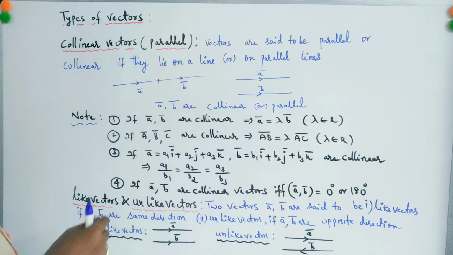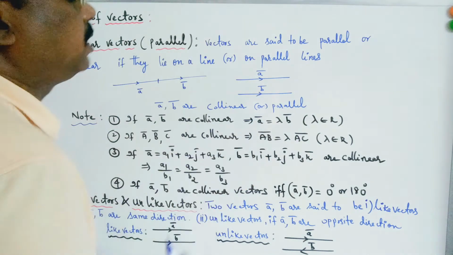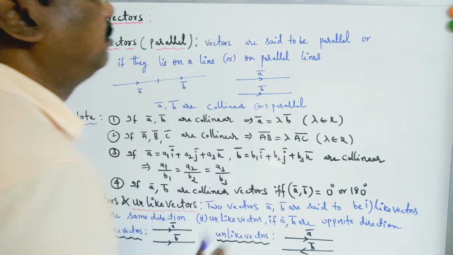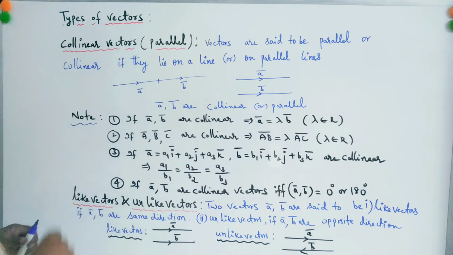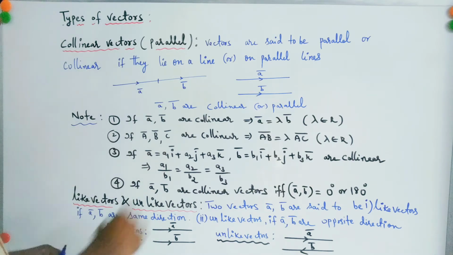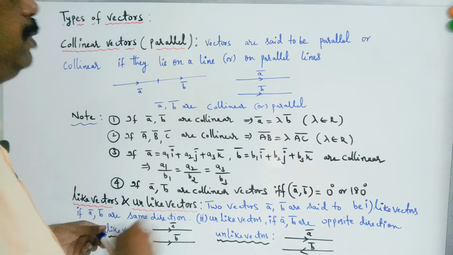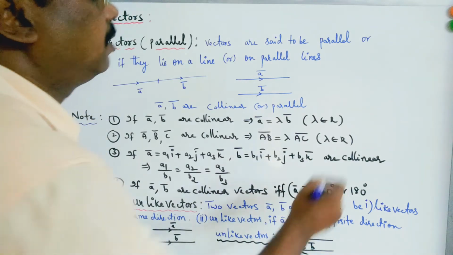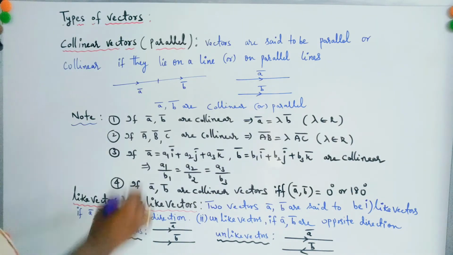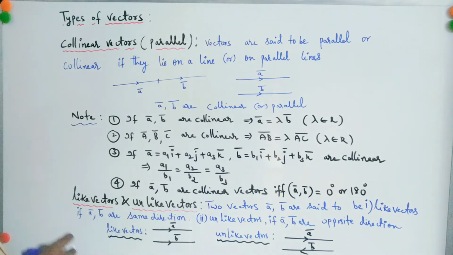Now, three vectors are given. If a bar, b bar, c bar are collinear vectors, then AB bar is equal to lambda times AC bar, where lambda belongs to R. Next, if a bar is equal to a1 i bar plus a2 j bar plus a3 k bar and b bar is equal to b1 i bar plus b2 j bar plus b3 k bar are collinear vectors, the condition is a1 by b1 equals a2 by b2 equals a3 by b3.